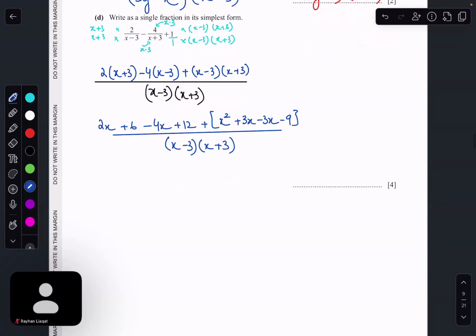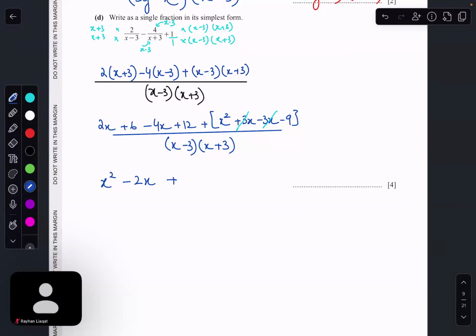Now, let's further simplify. Let's group the like terms. So we have x squared, let's write it as x squared. Then we have 3x and minus 3x will cancel out. Okay. We could have applied the identity directly as well. x squared, then minus 2x, minus 4x plus 2x, which is minus 2x.